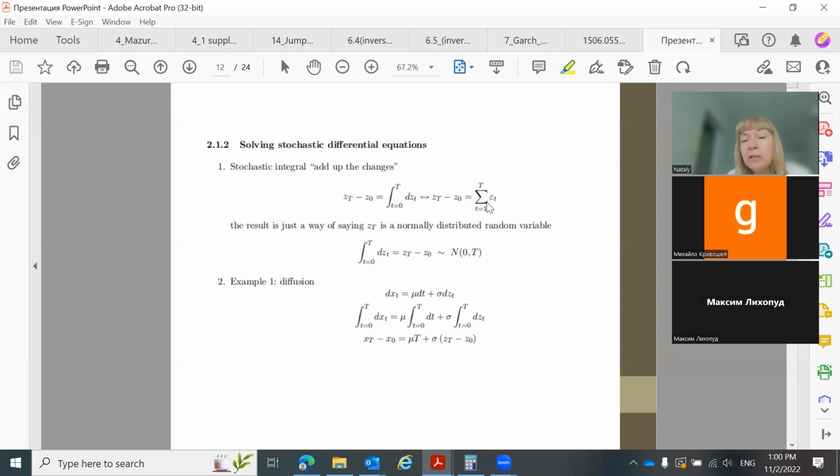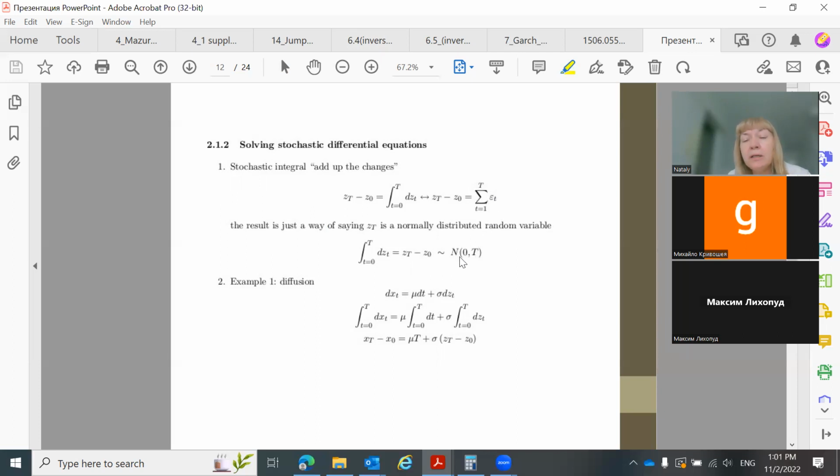You know that the sum of epsilon_t is a random variable with a normal distribution, with mean 0 and variance t, because the number of terms in this sum is t.